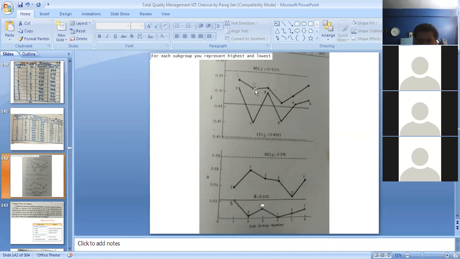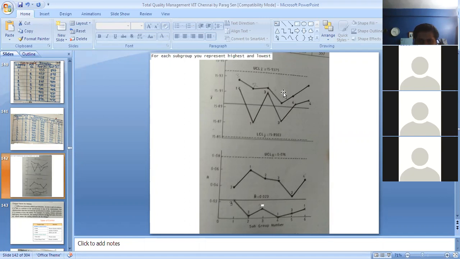So what does it mean? This x-axis represents the number of consecutive shifts. For example, this is your first shift, second shift, third shift of the first day.